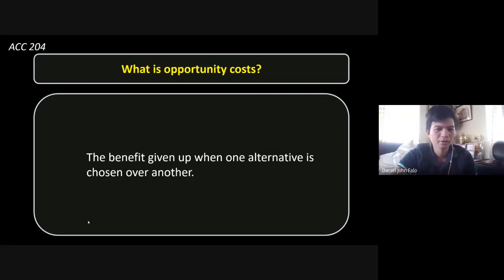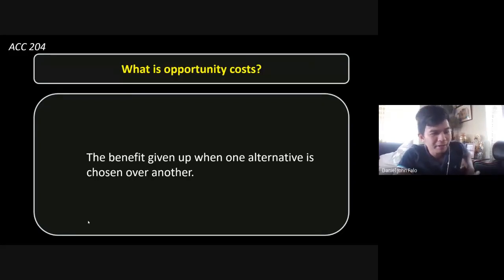So the benefit that is foregone by choosing the alternative from the another alternative is what we call the opportunity cost. For example, may pinipili ka si option A at si option B. Parehas mong gusto si option A at si option B. Pag pinili mo si option A kaysa kay option B, parang nangihinayang ka kay option B kasi gusto mo rin siya.